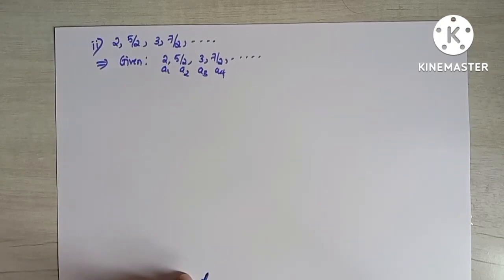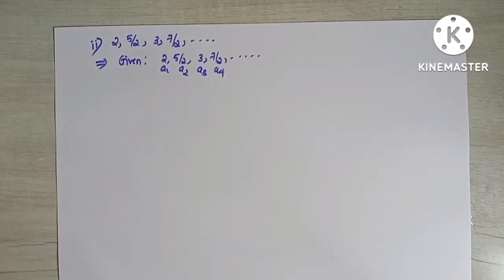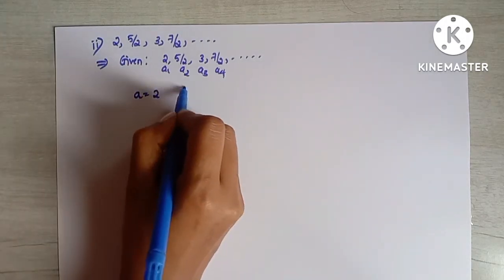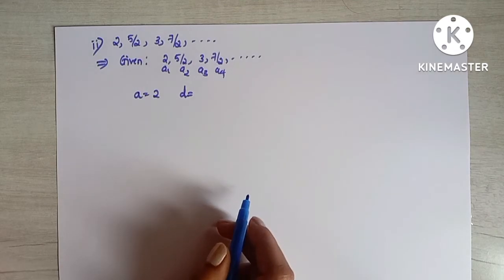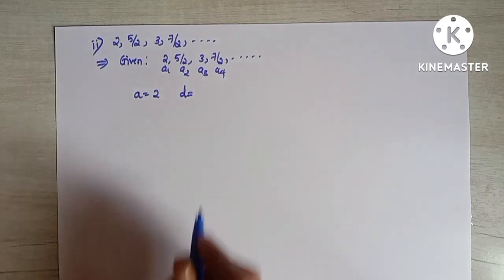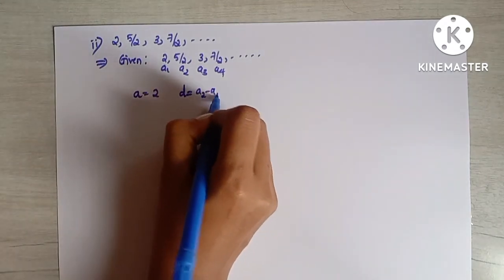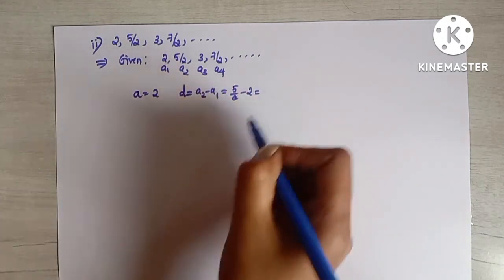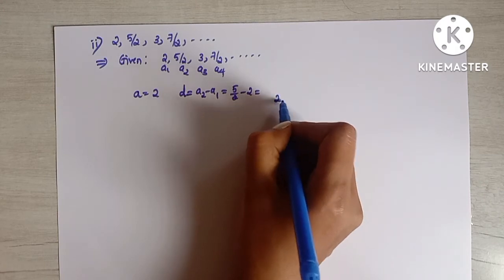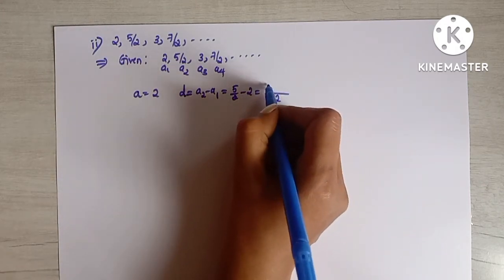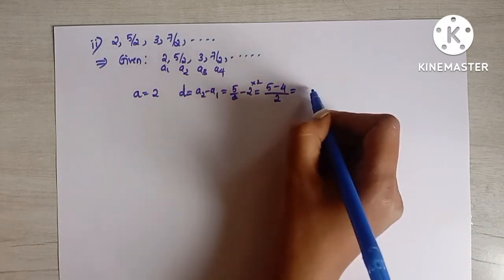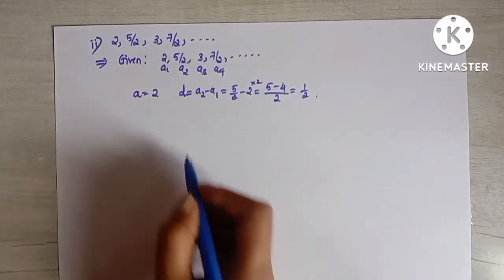Next, we have to calculate the value of D. Here A is 2. What is the formula for D? Yes, right, that is A2 minus A1. So A2 is 5 by 2 minus 2. What is the LCM here? It is 2. Therefore, it is 5 minus 2 twos are 4, that is 1 divided by 2.